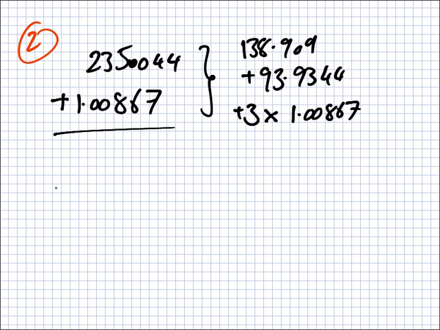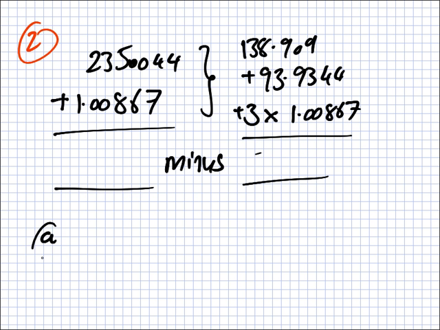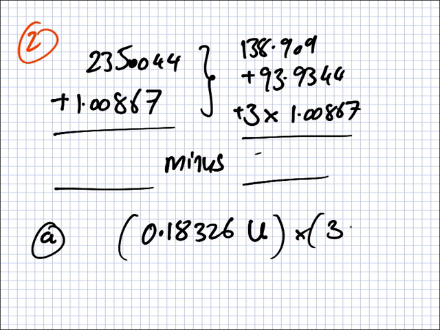Okay, so if we can get the difference again, what have we got? Zero point 18326 U, yeah, and then times c squared.